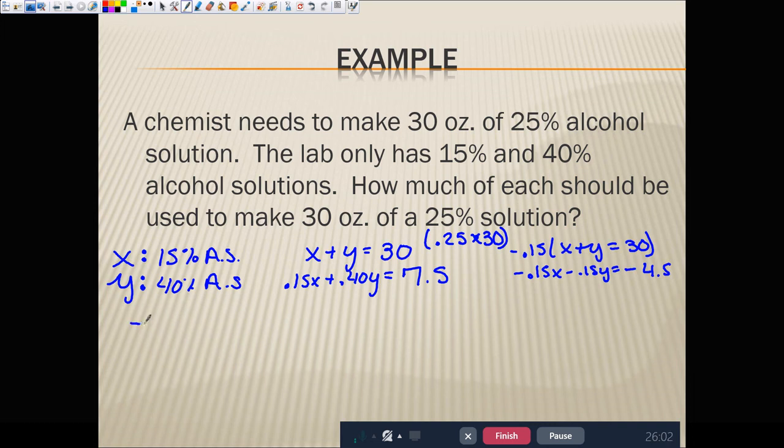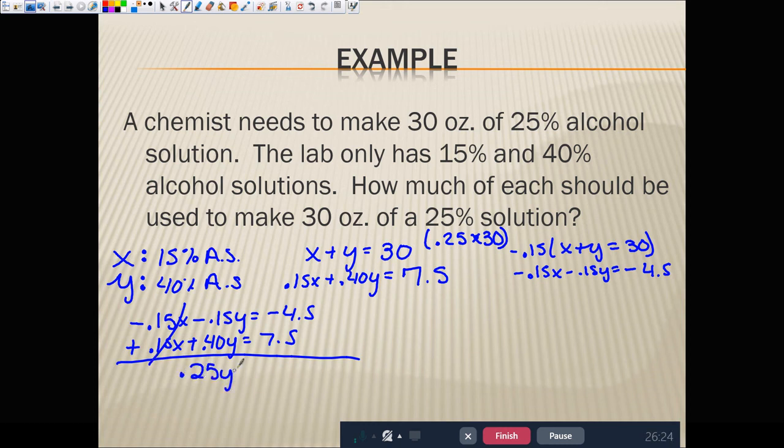Negative 0.15x minus 0.15y equals negative 4.5, plus 0.15x plus 0.40y equals 7.5. My x's cancel out, leaving me with 0.25y equals 3. Divide by 0.25. And y is going to equal 12.